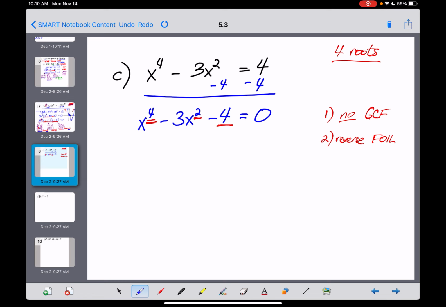We can factor this thing, as it is right now, into the product of 2 binomials. But it's going to be a little bit different than what you might have seen before. Let's take a look. Our first term right here is x to the 4th. So we need a term that goes here and a term that goes here that when we multiply them together will give us a product of x to the 4th. Now it could be x to the 4th times 1.